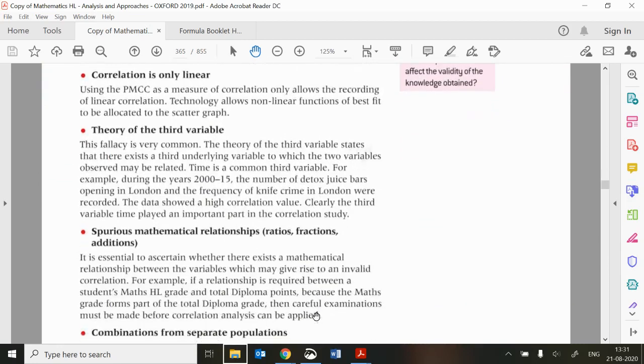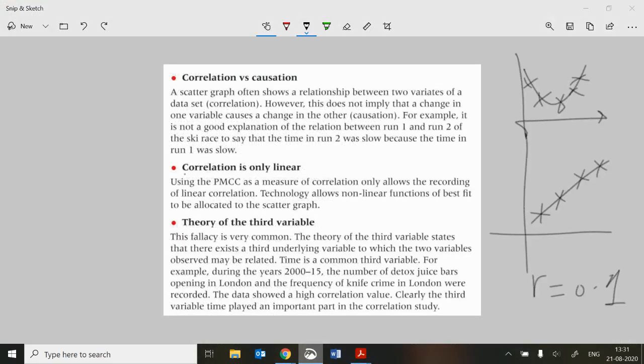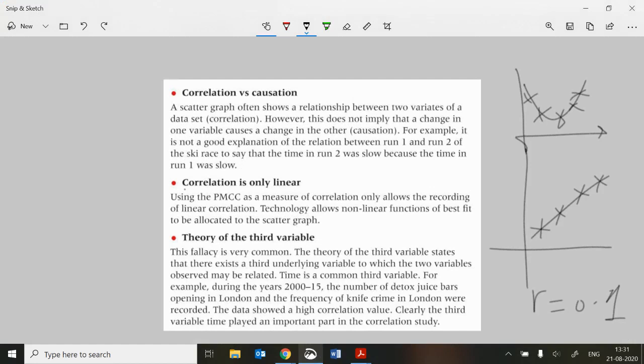Falsehoods. Okay, the theory of the third variable, this one here, is kind of saying, well, and this is with the juice bars and the knife crime, saying both of them are increasing over time. Well, it's quite possible that although there's not a causal relationship between juice bars and knife crime, you can at least say that they've both increased over time.